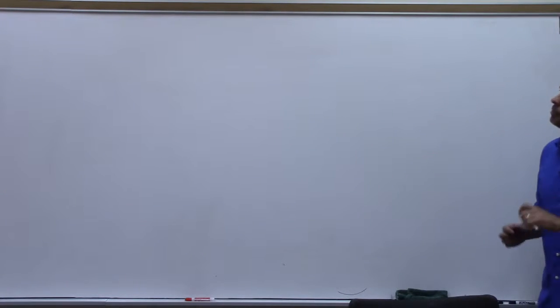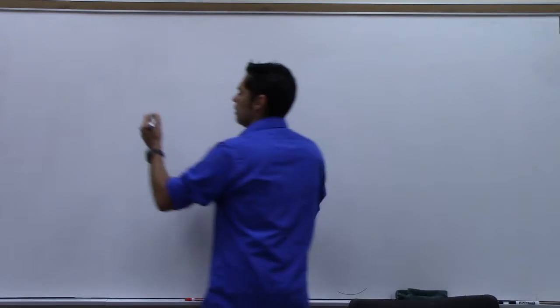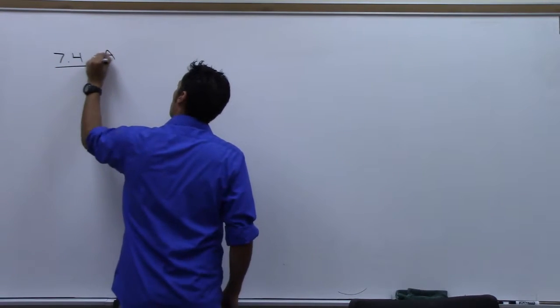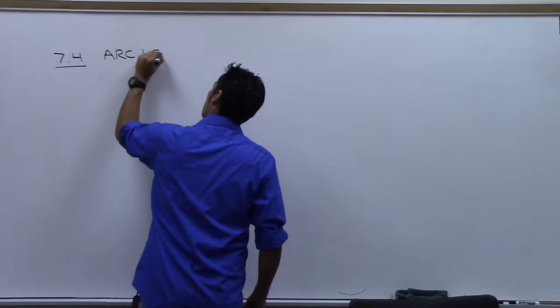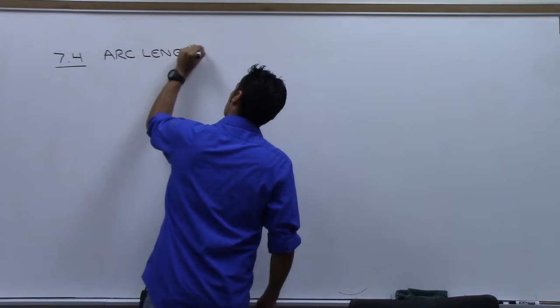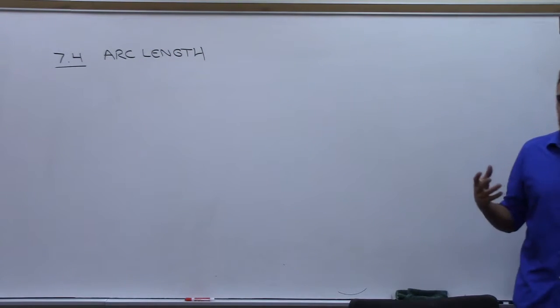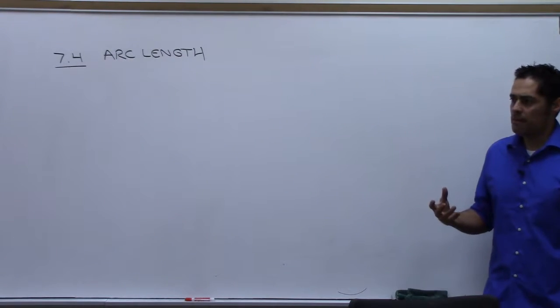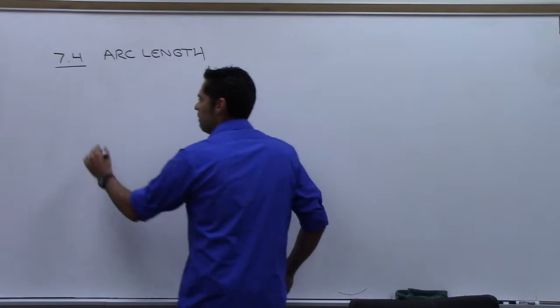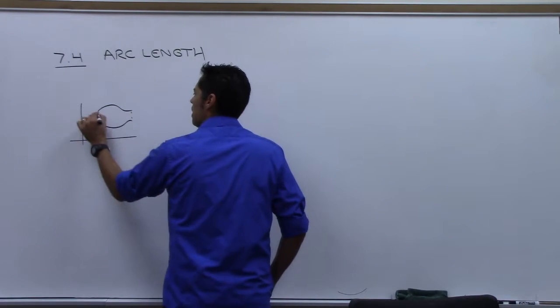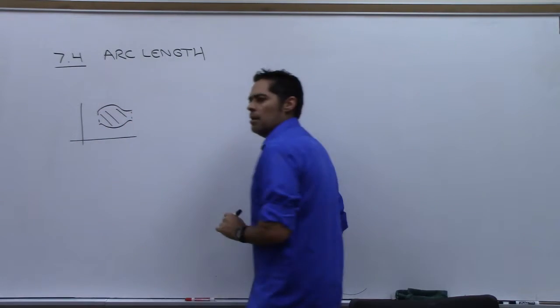So, 7.4, arc length. If you go back and think about all the things that we've done so far with these integrals, if we review quickly, we could find the area between two curves, right?